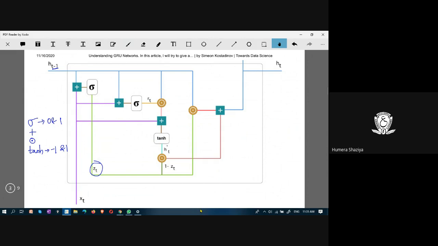These are the operations, and every connection between xt and other units or gates will have weights associated, W, and this HT minus 1, when it is connected with the other gates, will have a weight of U. U and W are the weights.